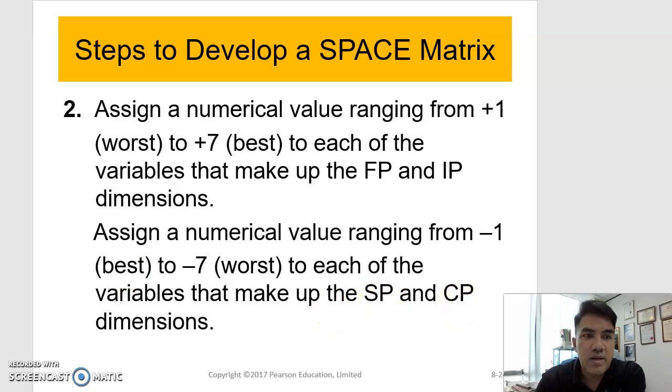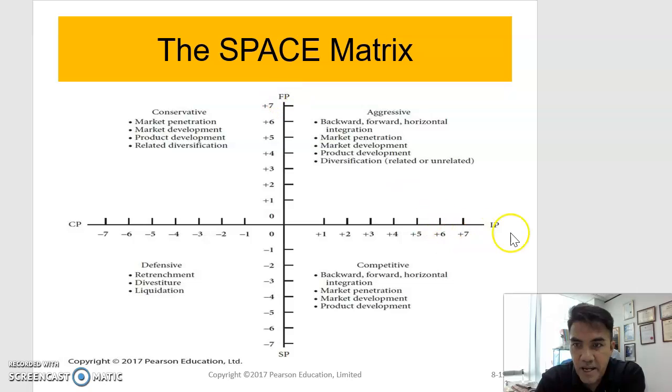For FP and IP, we rate them in a positive manner, with 1 as the worst and 7 as the best response or action of that organization on that particular variable that you chose.